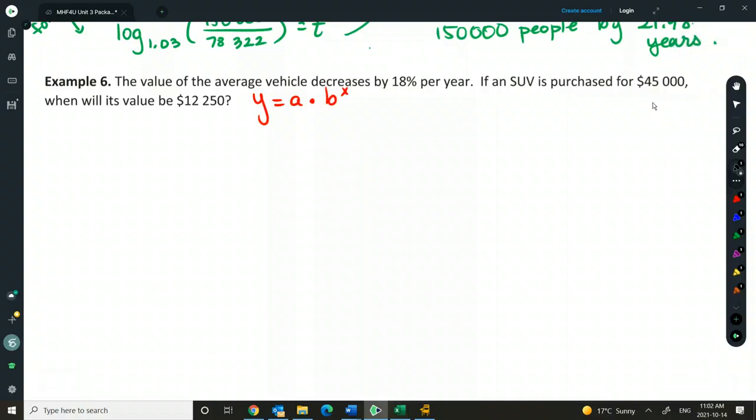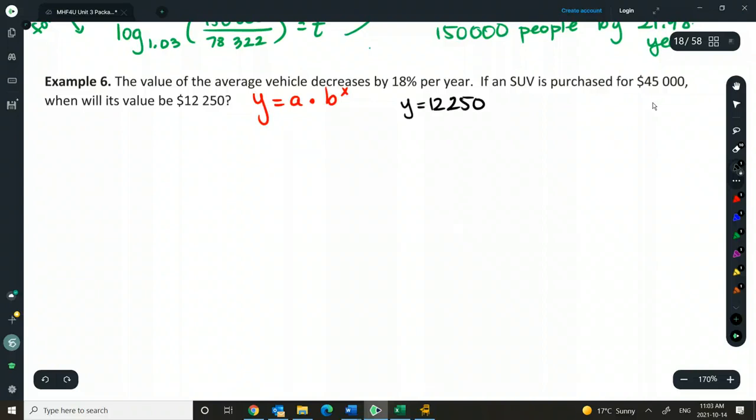What do we know? Keaton, give me one thing. Y equals 12,250. Okay, future value is 12,250. Serena, give me another. And it's 45,000. Initial value, $45,000. What else? Kenzie?